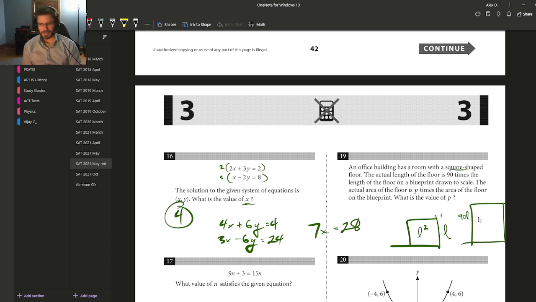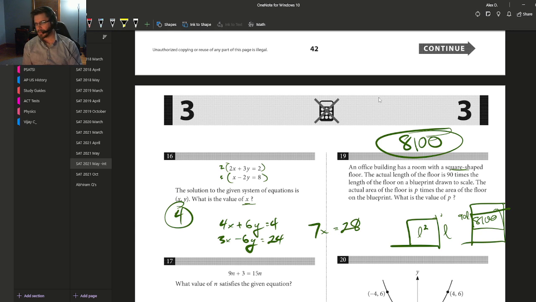So what's 90 squared? That's what? 8100? Is that the answer? I suppose it might be. So that's what I'm putting, 8100, because that's 90 squared, and the L squareds would cancel out.